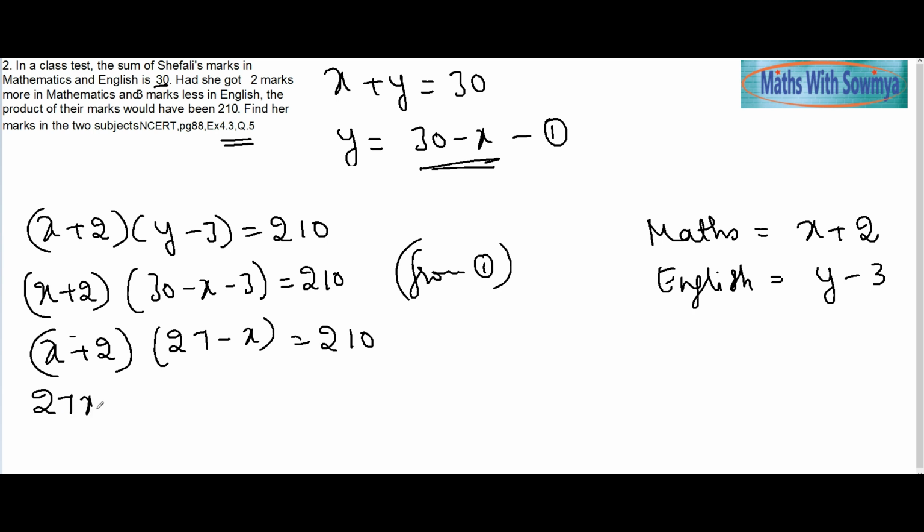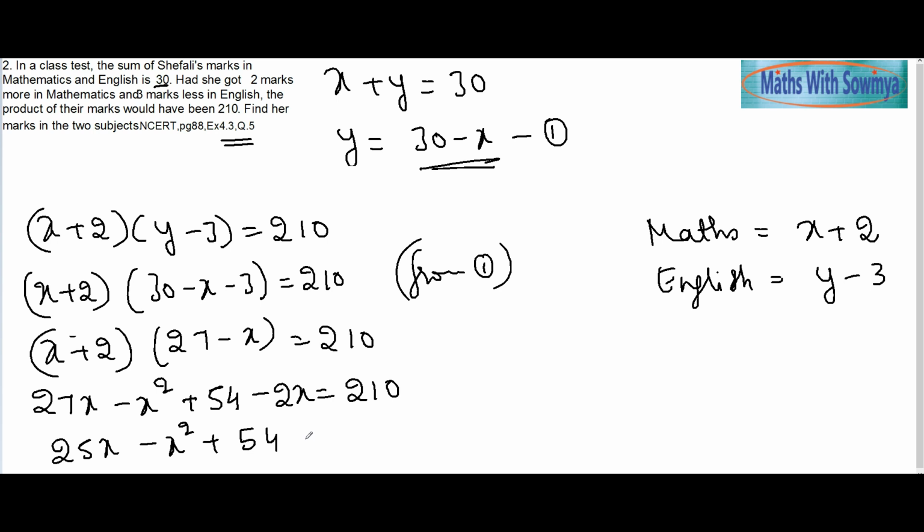So this will give us 27X minus X square plus 54 minus 2X equals 210. Now 27 minus 2, 25X minus X square plus 54 minus 210 equals 0.